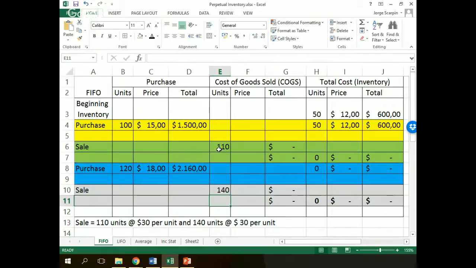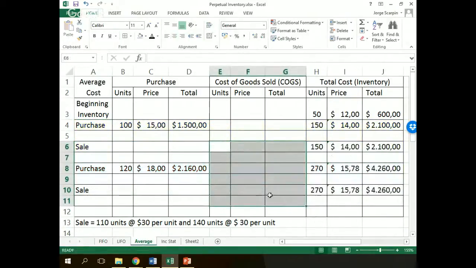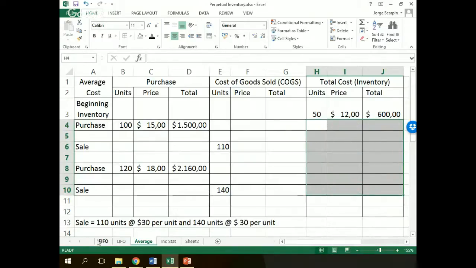But our sequence is one purchase, then one sale, second purchase, second sale.